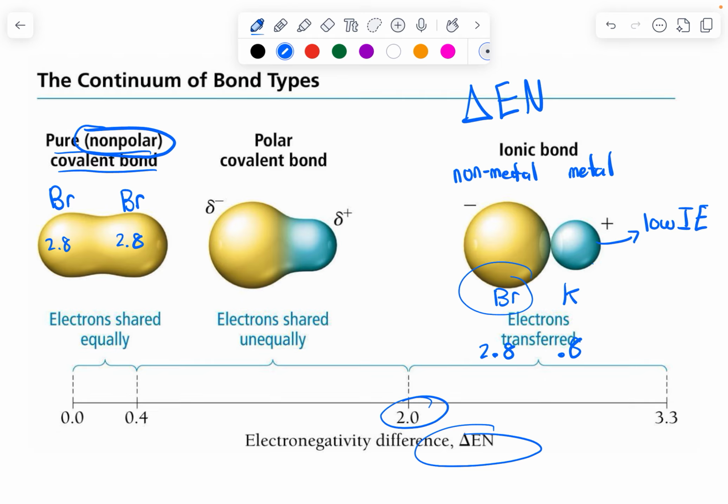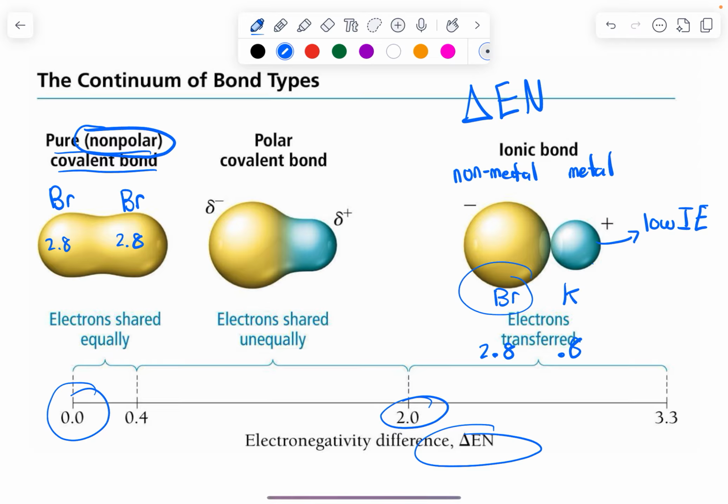They're going to share that rope equally. So when we look at the Br2 molecule, they share the electrons equally, and so nothing happens. We would think of it as a neutral molecule. This will make a little bit more sense when we get to the next example as well. So that's when the difference is 0.